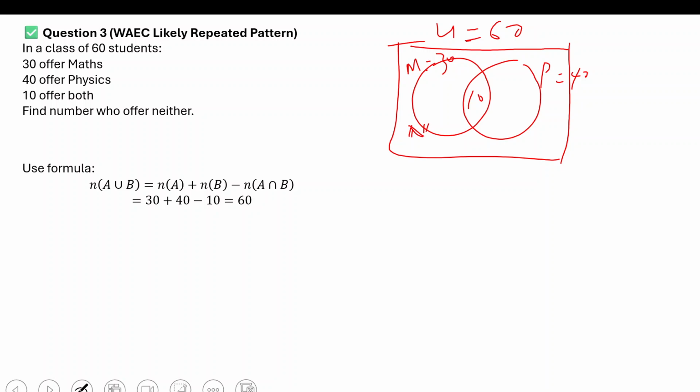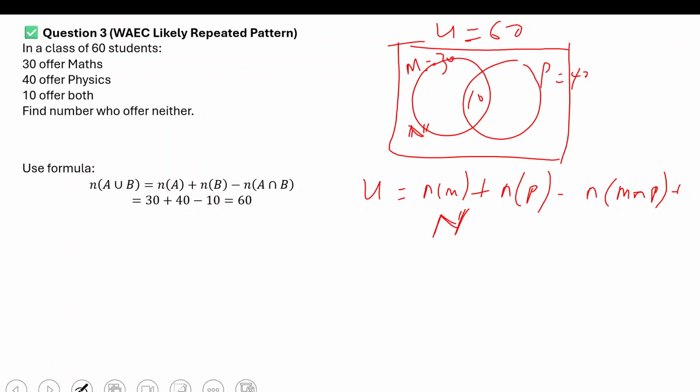I'll say universal set U is equal to the number of M plus the number of P minus the number of M intersects P, plus capital N, neither.